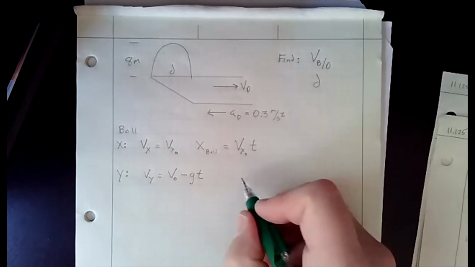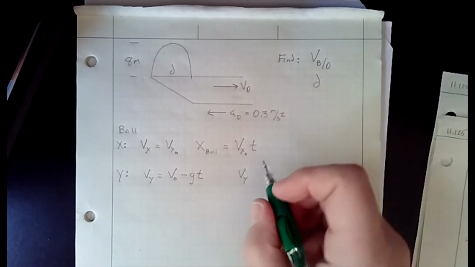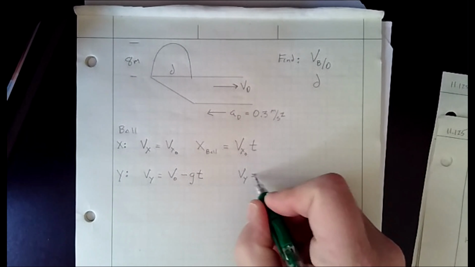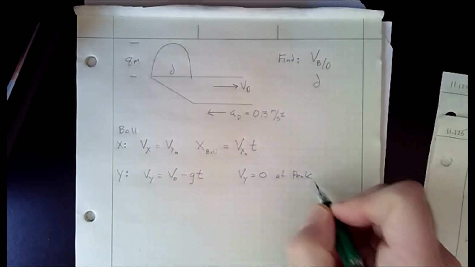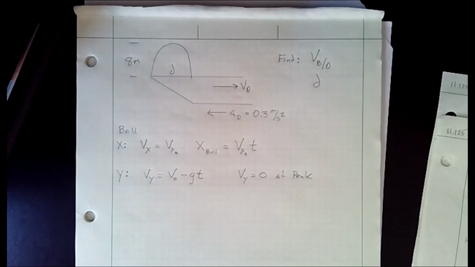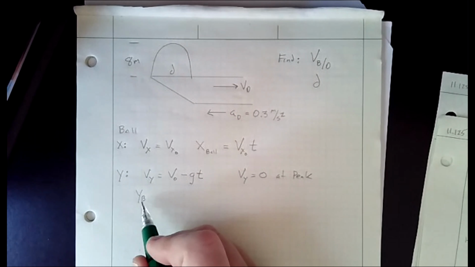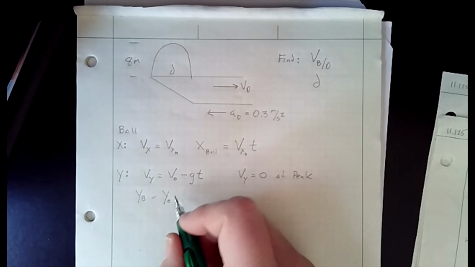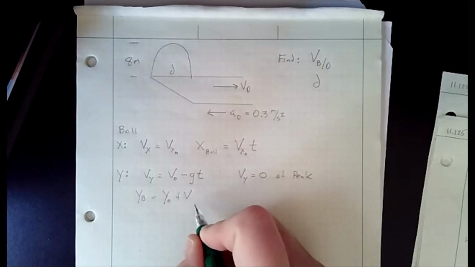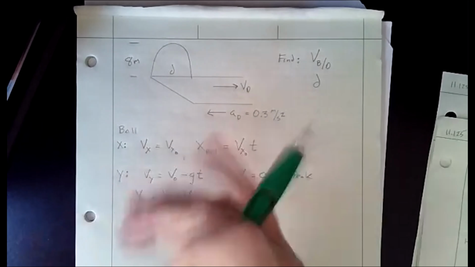We also know that Vy is going to be equal to 0 at the peak. So once the ball hits its peak, or its apogee, it stops moving. We know that the position of the ball, y, is equal to y naught plus velocity times time, minus 1/2 g t squared. Maybe I don't really need the b in there because we're talking about the ball.